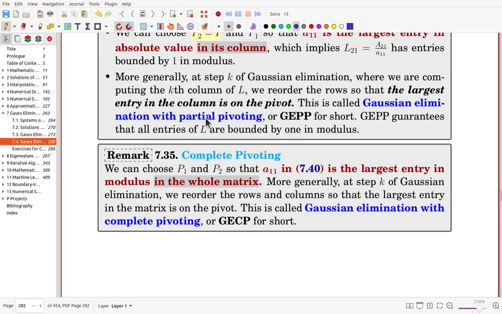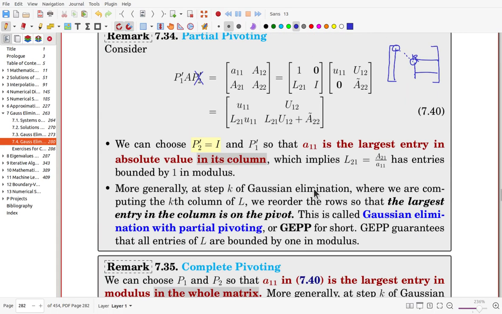Here the name is partial pivoting. That is the counterpart of complete pivoting. In choosing the pivot value, rather than only searching the column, we search over the whole matrix, and then the largest one will be moved here.